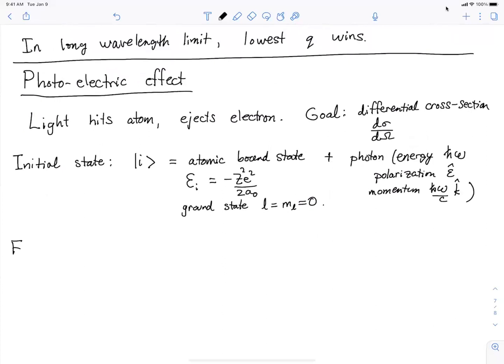Okay, and then our final state. Here again, we're going to do something to make it a little easier. I'm going to call it a state capital K vector. And we're going to pretend that it's a momentum eigenstate.